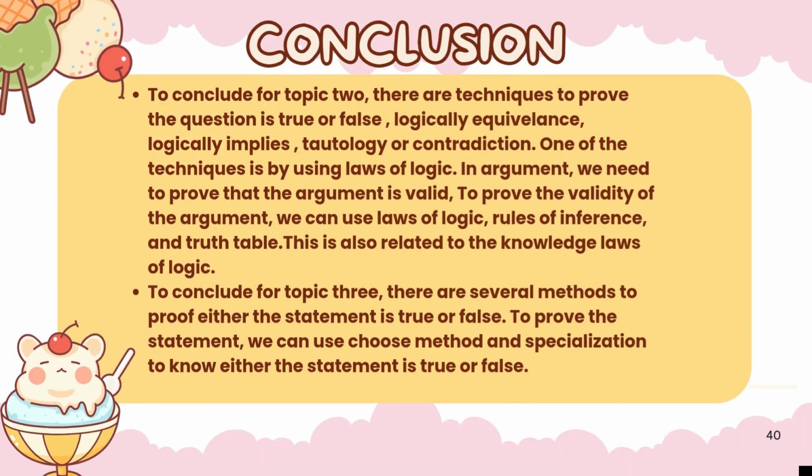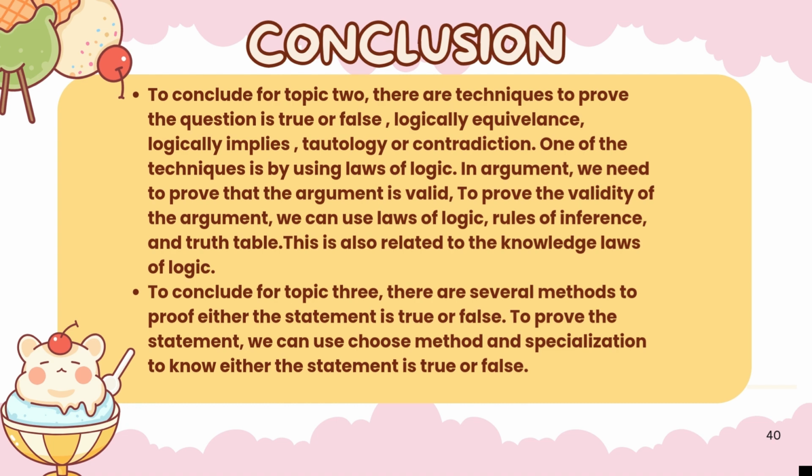To conclude for topic 2, there are techniques to prove whether a statement is true or false: logical equivalence, logical implication, tautology or contradiction. One of the techniques is by using laws of logic. In an argument, we need to prove that the argument is valid. To prove the validity of the argument, we can use laws of logic, rules of inference, and truth tables.